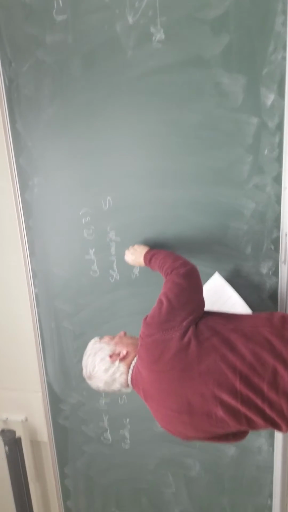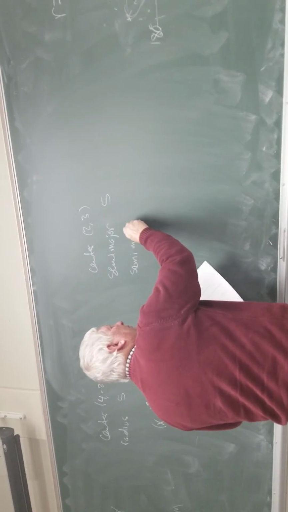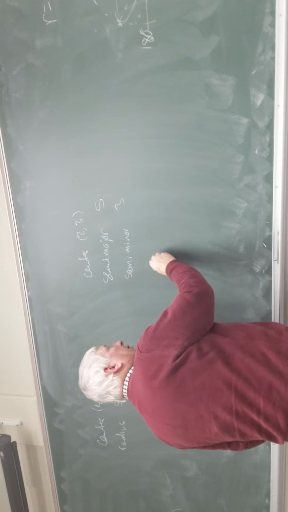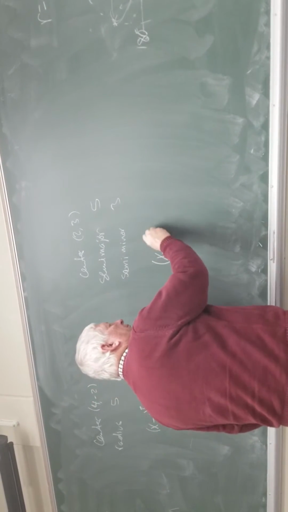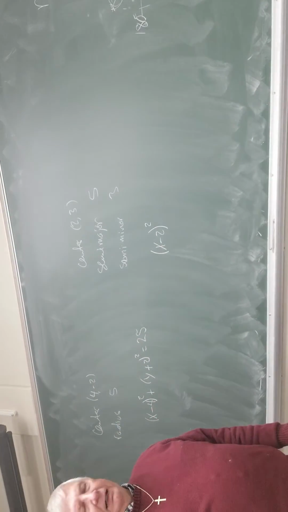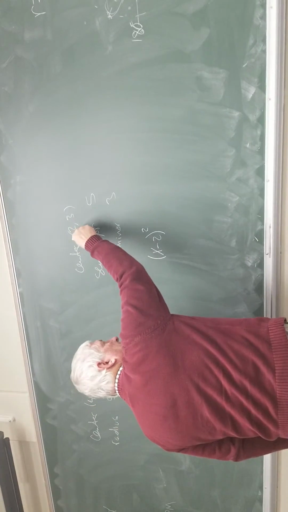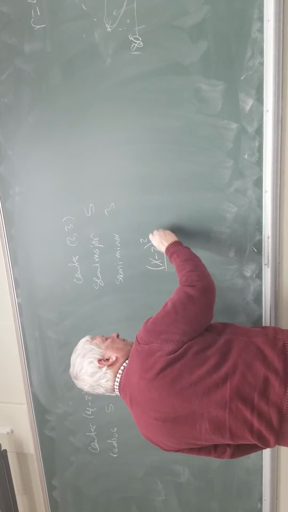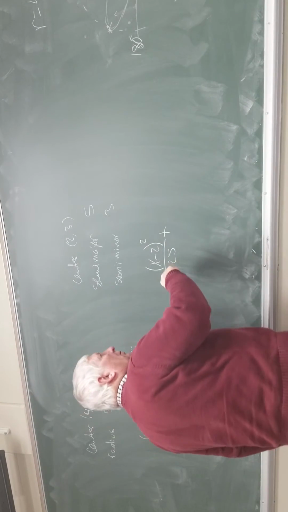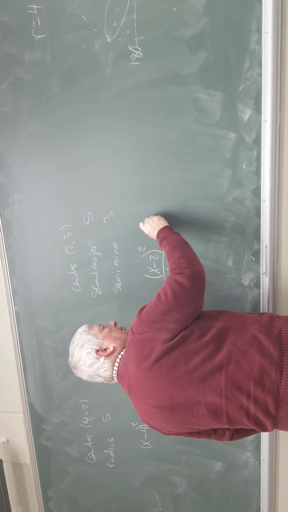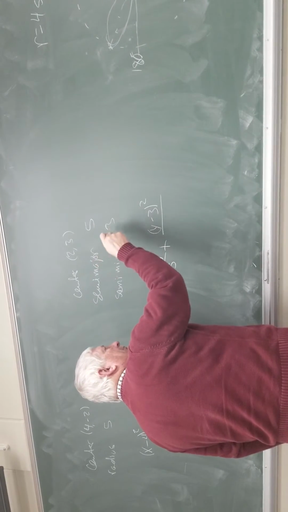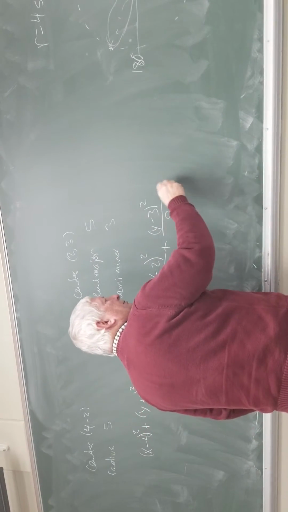Let's say semi-minor is 3. So again, x minus h squared over semi-major squared, plus y minus k squared over semi-minor squared is equal to 1.